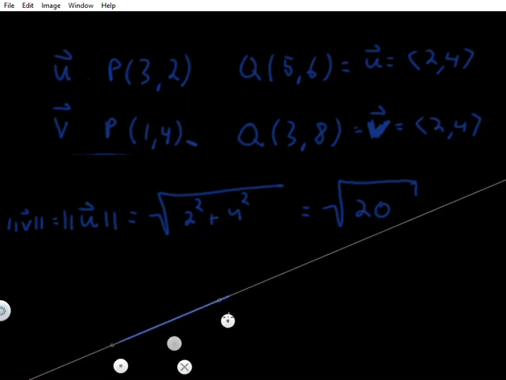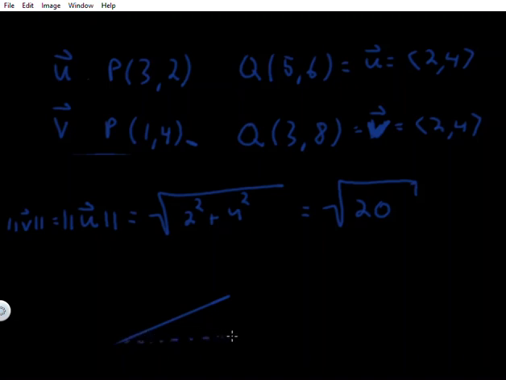There we go. If we were to draw them out, we would see that they would go 2 on the x-axis and 4 over here. This is not to scale, I apologize. But if we were to find this angle here, this specifies the direction.